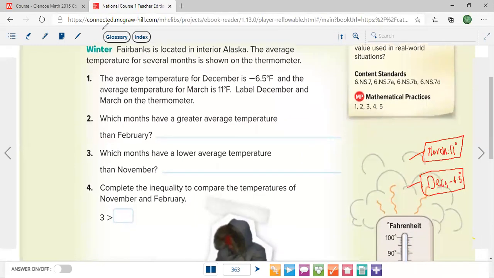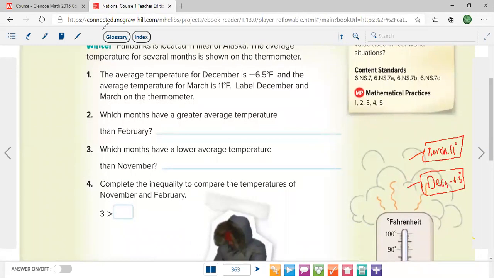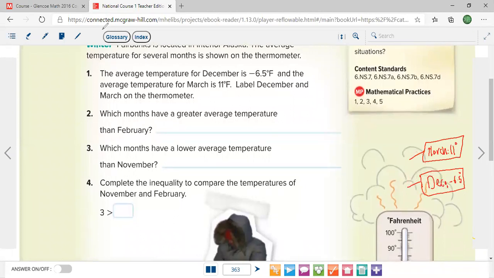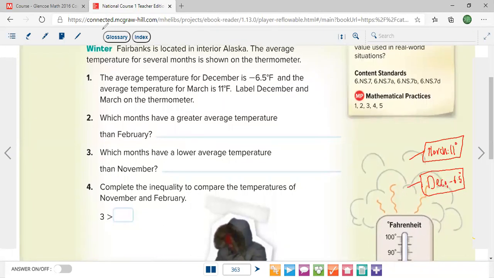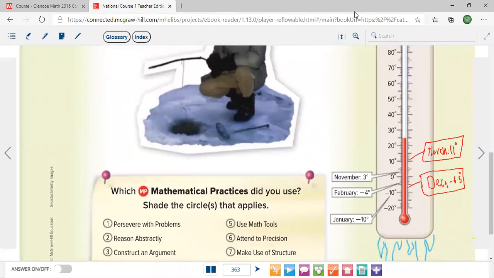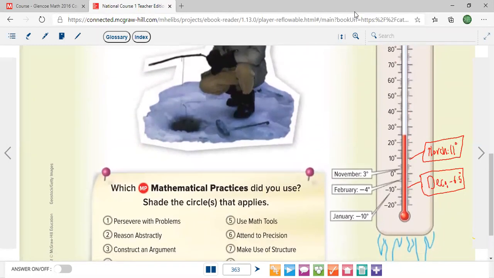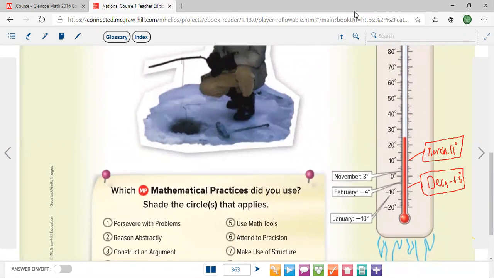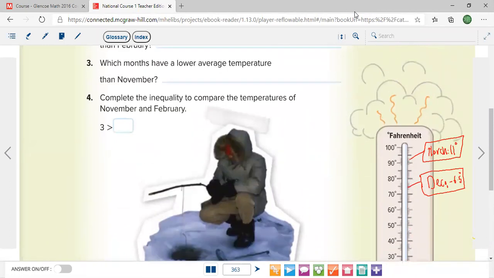Which months, you need to mention them all. Which months have a greater average temperature than February? All of them will be November with 3 degrees and March with 11 degrees.